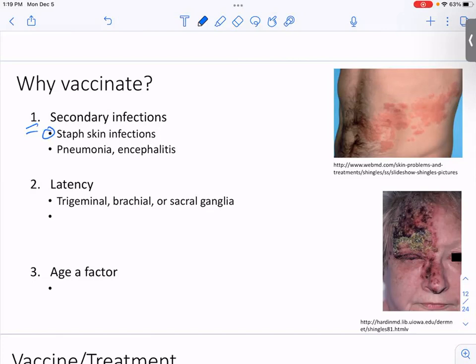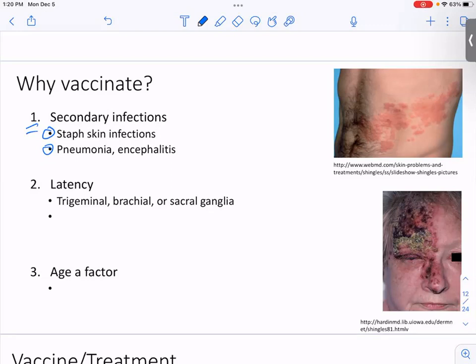Of course, the chickenpox is a primary infection, and then a secondary infection is one that would happen as a direct result of that. Less common than some kind of skin infection happening is something a little bit more serious, like pneumonia or encephalitis, a brain inflammation. That's pretty rare.